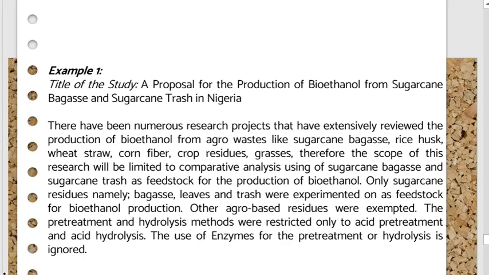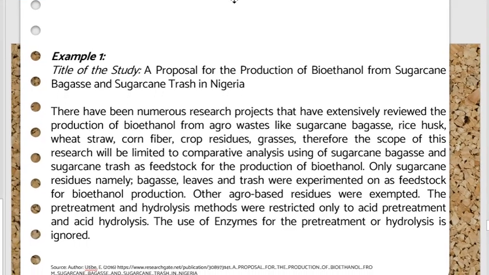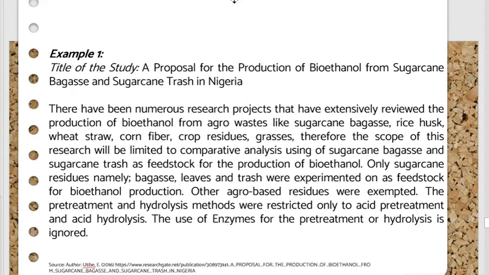Okay, example number 1. The title of the study is A Proposal for the Production of Bioethanol from Sugarcane Bagasse and Sugarcane Trash in Nigeria. There have been numerous research projects that have extensively reviewed the production of bioethanol from agro-wastes like sugarcane bagasse, rice husk, wheat straw, corn fiber, crop residues, grasses.